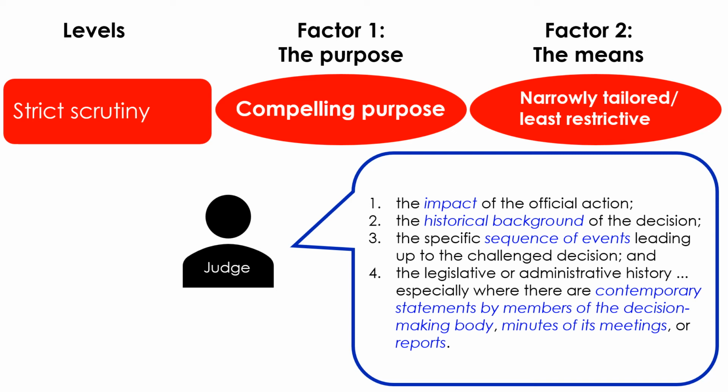Second, the historical background of the decision. Third, the specific sequence of events leading up to the challenged decision. And fourth, the legislative or administrative history, especially where there are contemporary statements by members of the decision-making body, minutes of its meetings, or reports.